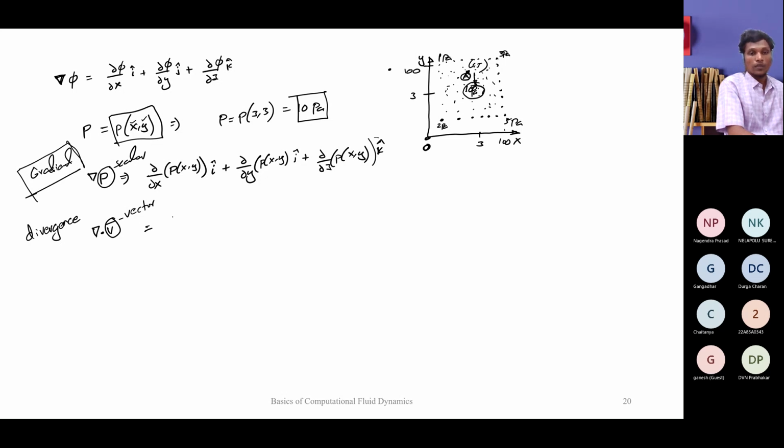And how will you handle this? First, write the dot product formulation according to this. We have I cap dou by dou x plus j cap dou by dou y plus k cap dou by dou z, right? And then put the dot product with u I cap plus v j cap plus w k cap.